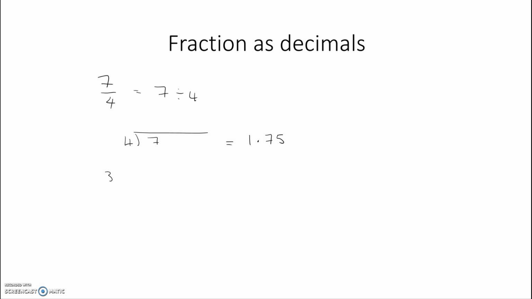We could do 3 over 8. Now 3 over 8 is 3 divided by 8, which you could do on your calculator and find that it's 0.375. But what you're doing is 8 into 3, like that.